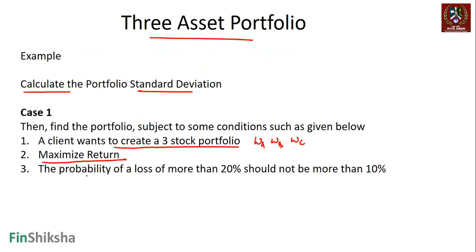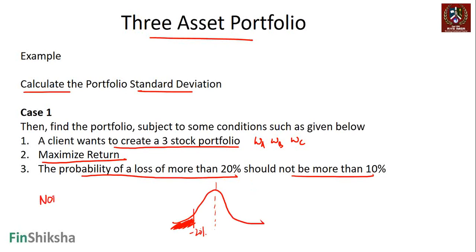And the third condition is that the probability of a loss of more than 20%, which is minus 20%, wherever that comes on this curve, should not be greater than 10%. How do I find this?